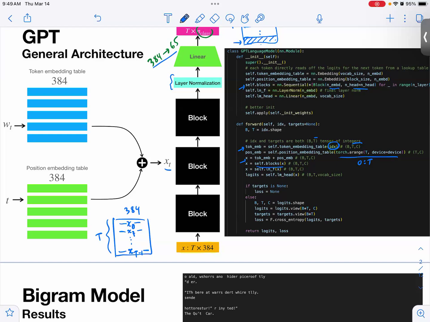And so what you get is the output of that, and then there's the layer normalization, and then there's this LM head, which is really a linear map. It maps from the embedding dimension to the vocabulary size, which is 65. Okay, so that's basically the entire GPT implementation here.